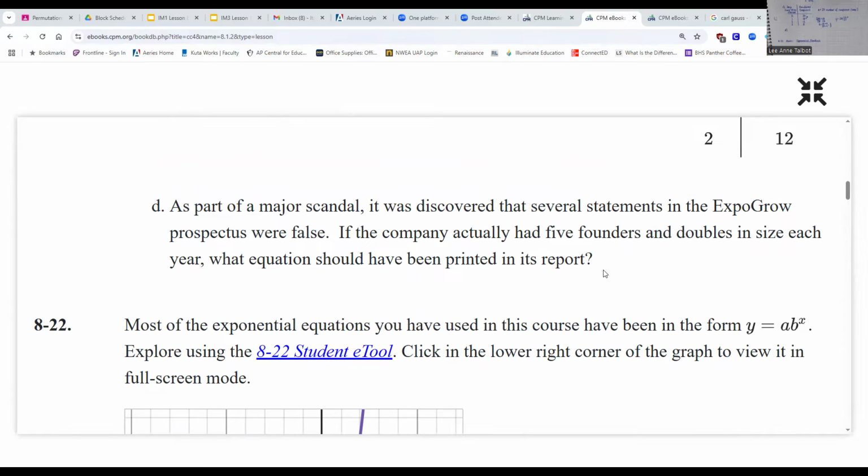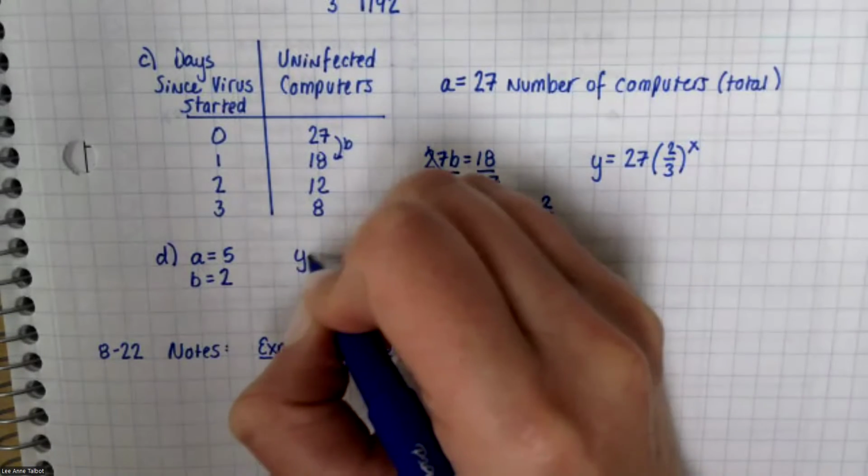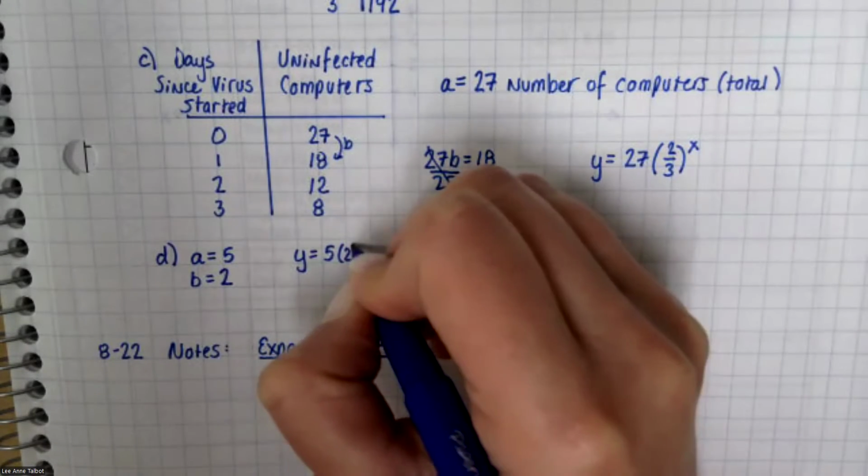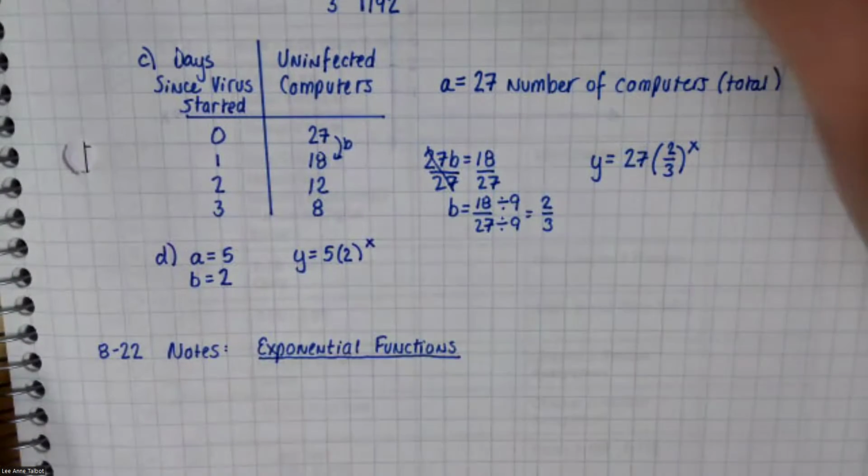So, looking at this, what is A? 5. And what is B? What number is the word doubles? 2. So the equation should be y equals 5 times 2 to the x. I hope they don't get sued.